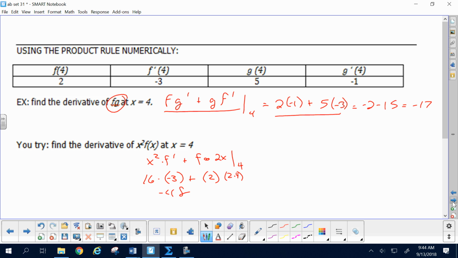How about the next one? What are you getting for that one? Anybody? Negative 32-ish is what I got?